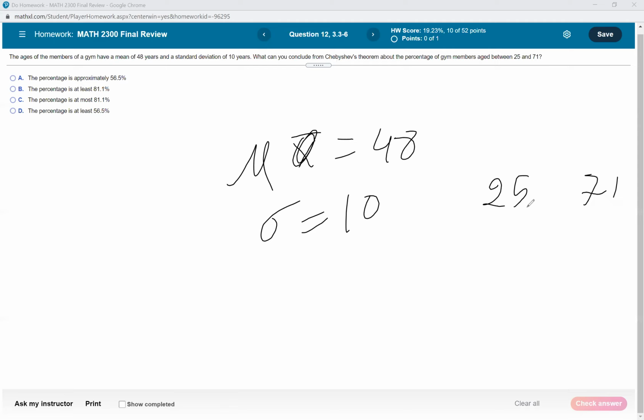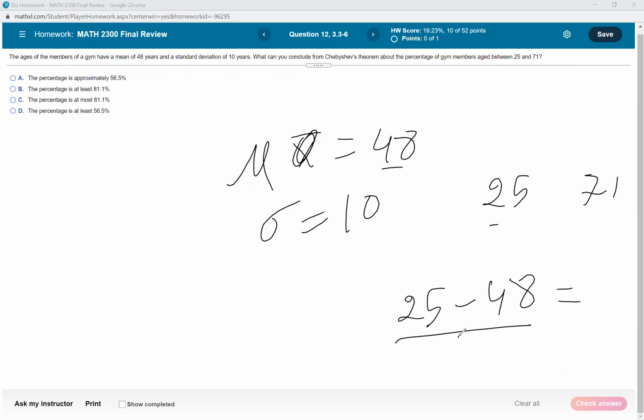Now you need to determine how many standard deviations away from the mean 25 and 71 are. The mean is 48, so we subtract 48 from 25, which is 25 minus 48, divided by 10.